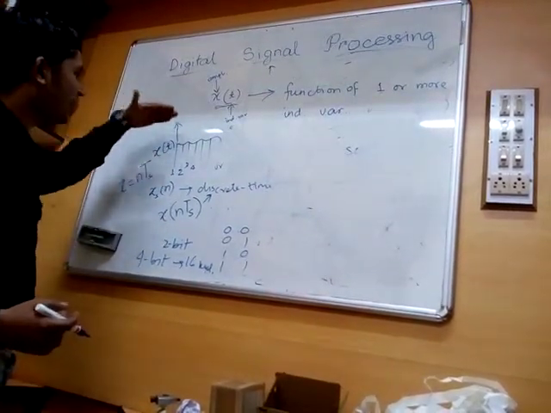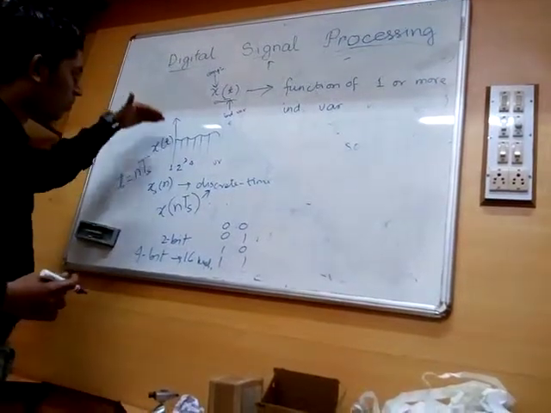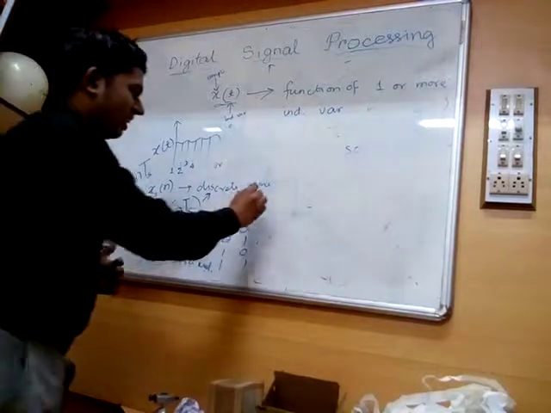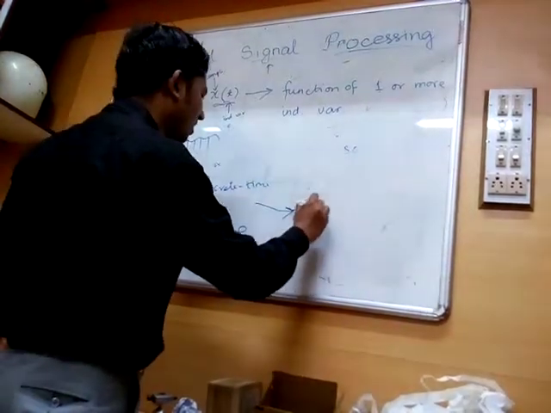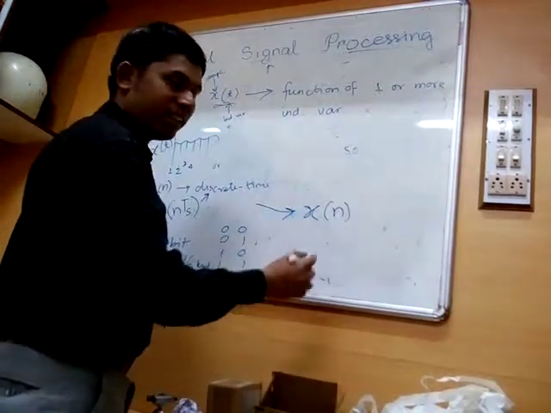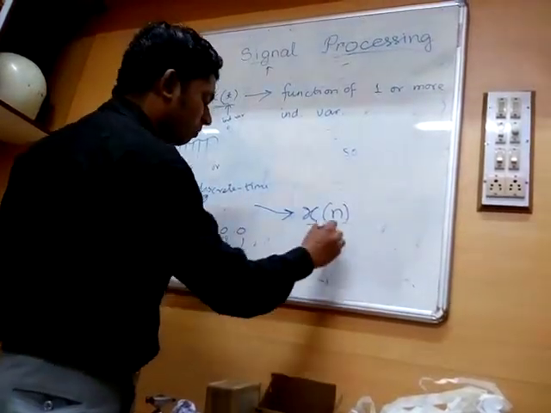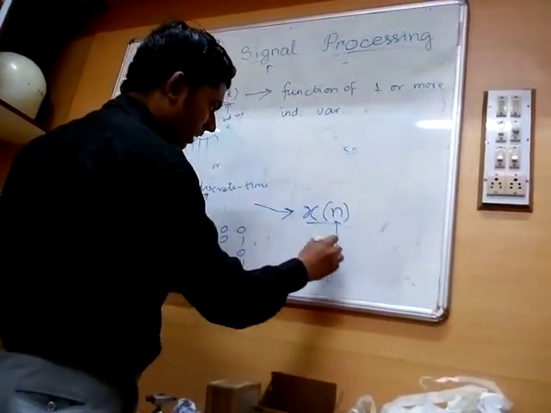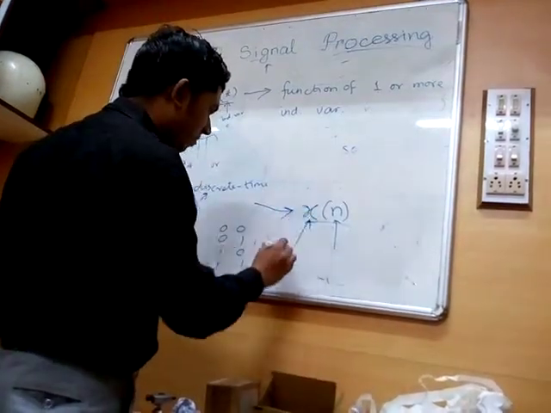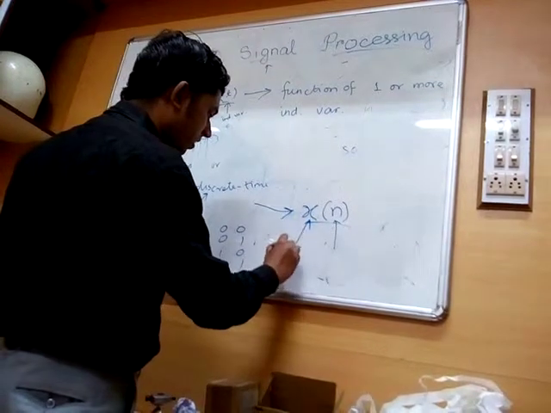We quantize the amplitude levels, and once we quantize the amplitude levels also, we call that quantized signal a digital signal x[n]. So in a digital signal, the independent variable is sampled and the amplitude is also quantized.